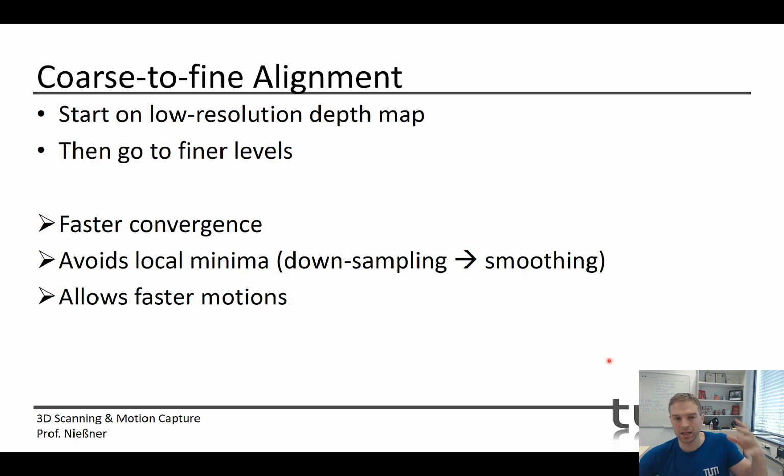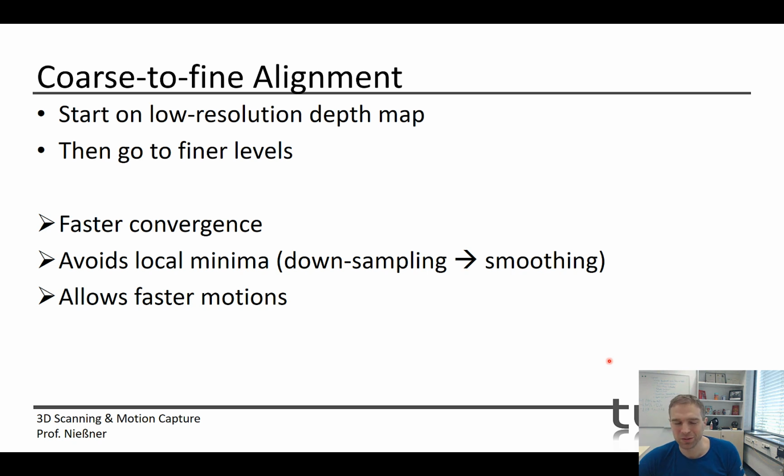As a result, we get faster convergence, and we're also avoiding local minima. We're avoiding downsampling and smoothing. And in practice, what this means is that you're basically getting to handle faster motions. And faster motions eventually means that your ICP works in more cases.